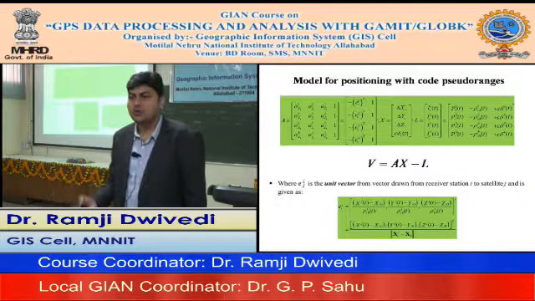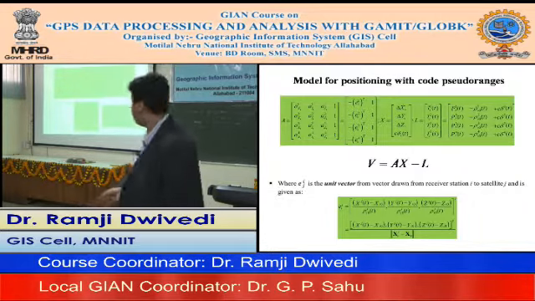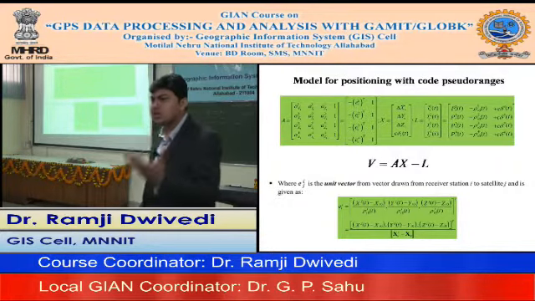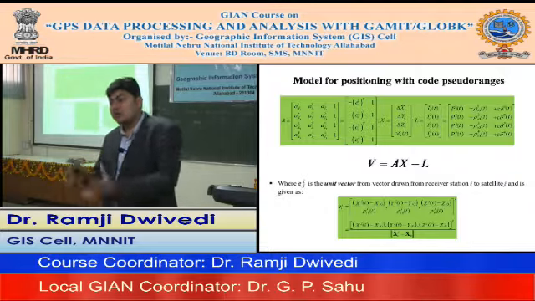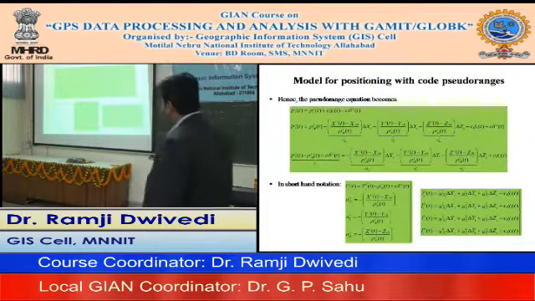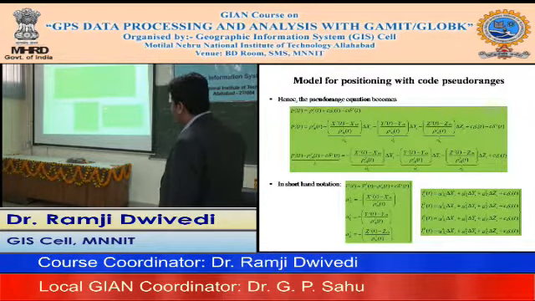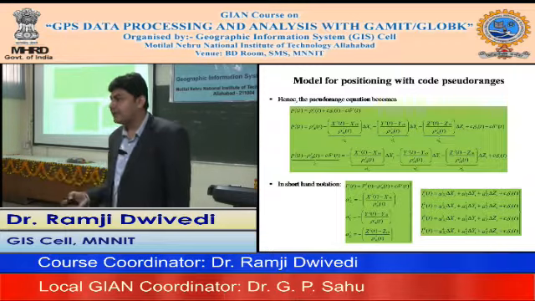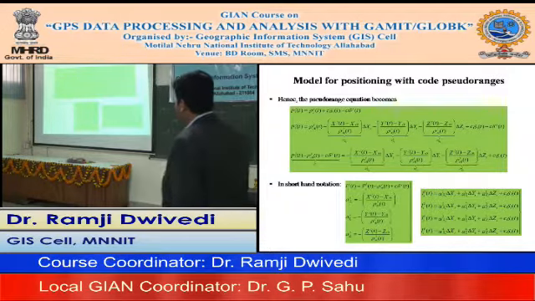For a unique solution you need at least 4 observations. That's why we are taking measurements from 1, 2, 3, 4. Those who don't have much understanding about satellite geometry, which we will cover in the next lecture, someone could say: what if we take T1, T2, T3, T4, because for 4 epochs we will also have these measurements? We'll see why it is not favorable to do it. We'll see that part also.